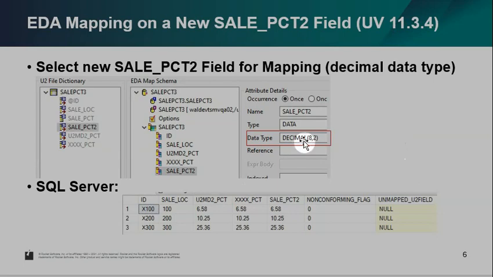So it's a new feature. You can also set up a decimal, like 8,2. Then you get completely correct output on the latest Universe, like 11.3.4. On the earlier version, 11.3.2, it may not work. We work fine with the decimal data type conversion.